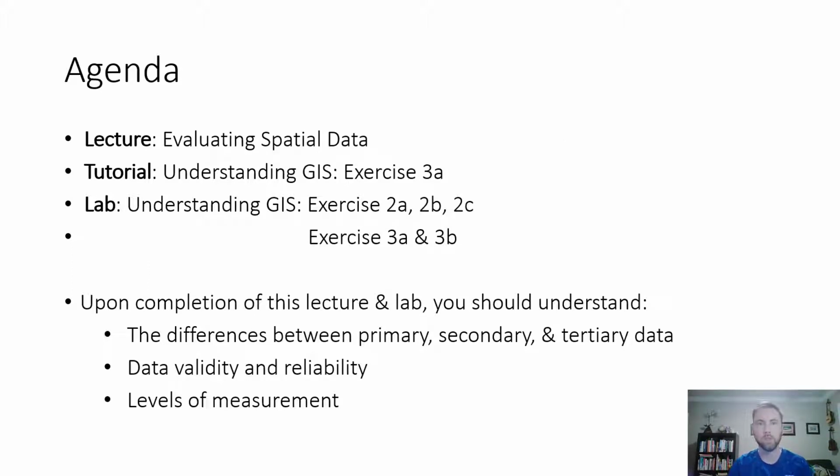So once you have gone all the way through exercise 2, A, B, and C, and then exercise 3A, all throughout those exercises, you're going to be inputting data into the data requirements table. Okay, so once you've completed that, I want you to upload that Word document to Canvas. That will be one deliverable.